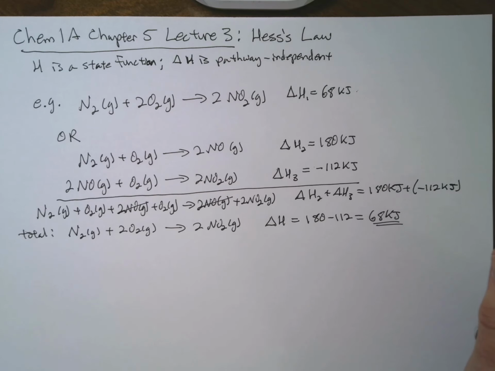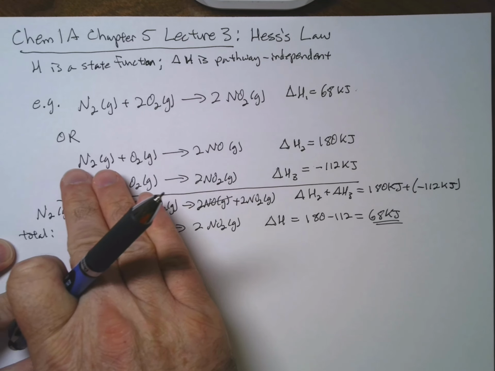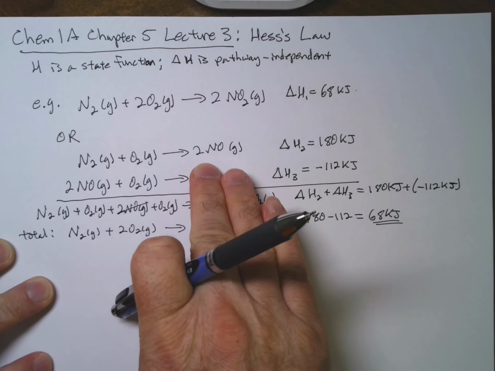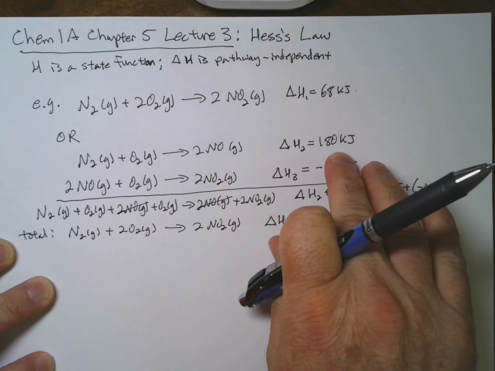Some things to note here: if we reverse a reaction, the sign of delta H is also changed. And the magnitude of delta H is directly proportional to the quantities of the reactants and products. So it's as written. So if I had to multiply through one of the equations by 2, I'd have to multiply the delta H by 2.